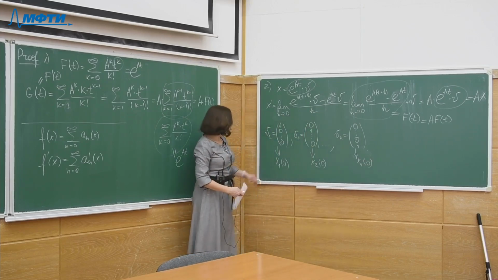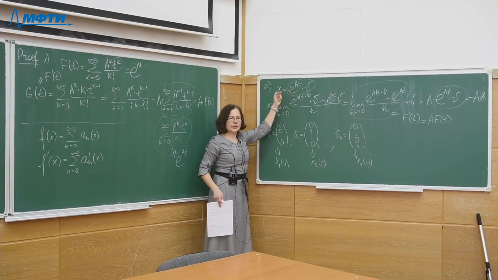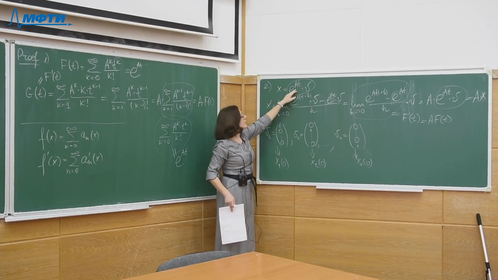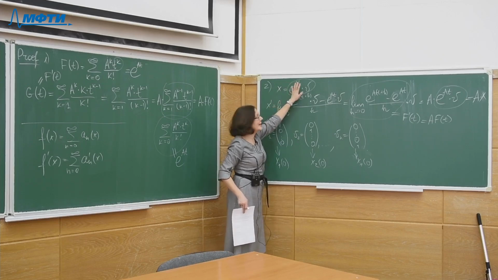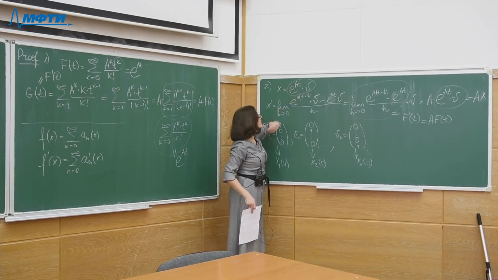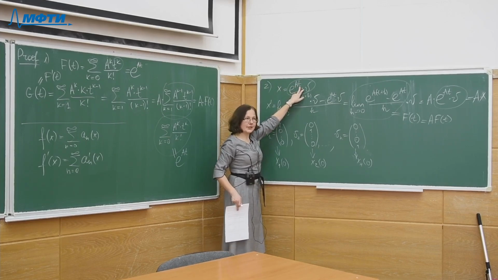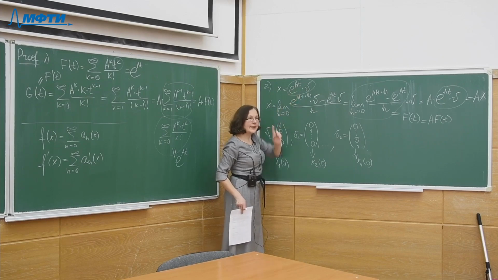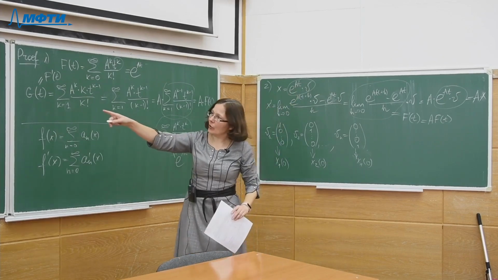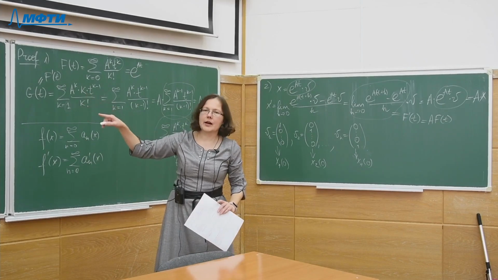So what is x1 of 0? Look at this formula. If we substitute 0 for t, what will we get? The identity matrix, right? A multiplied by 0 is a zero matrix. What is e raised to the power of the zero matrix? The identity matrix. Look at the formula: I plus A squared over 2 and so on.